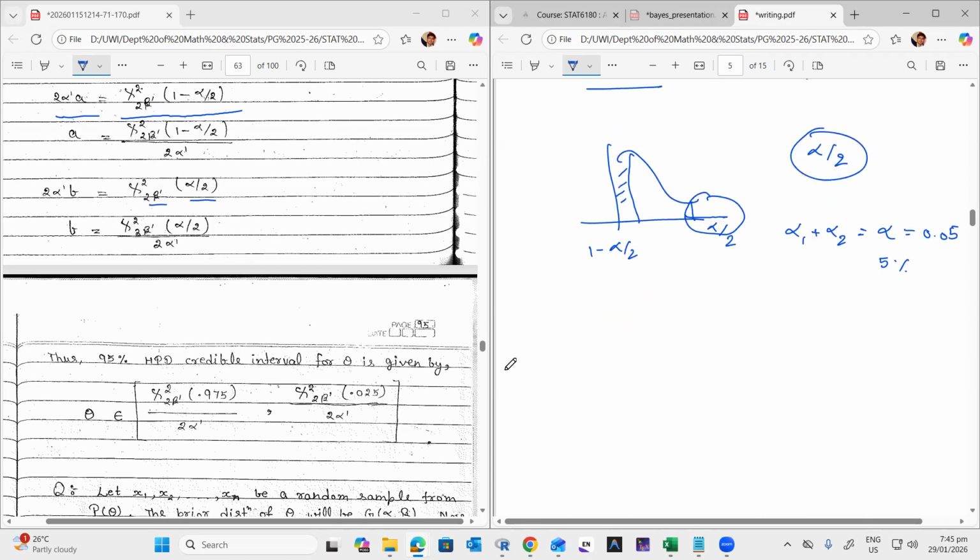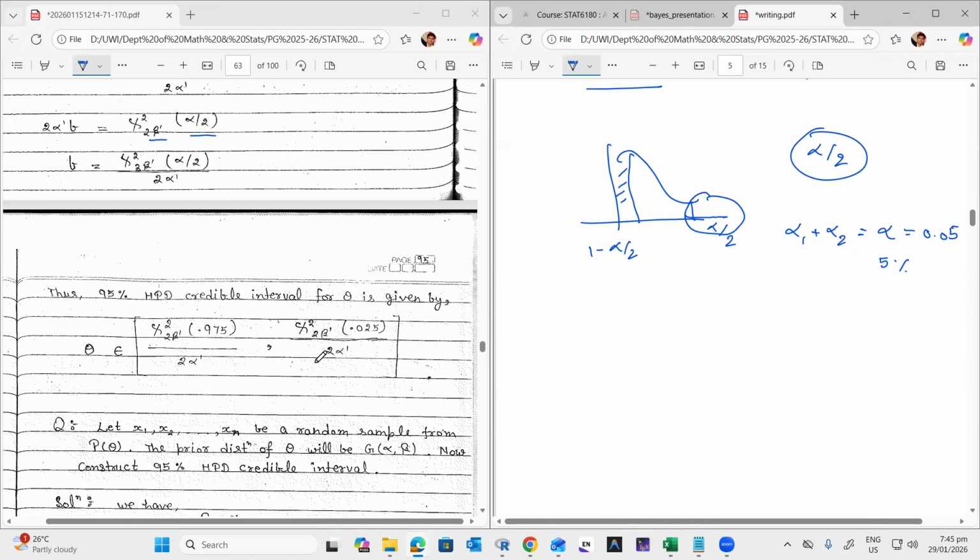All right, so now your 95% HPD credible interval will be chi-square 2 beta dash at the value 0.975 divided by 2 alpha dash, and the upper limit will be chi-square 2 beta dash at 0.025 divided by 2 alpha dash.